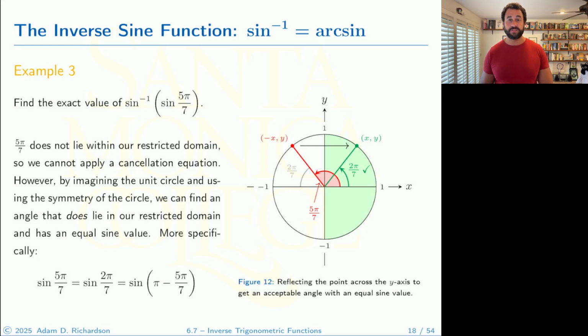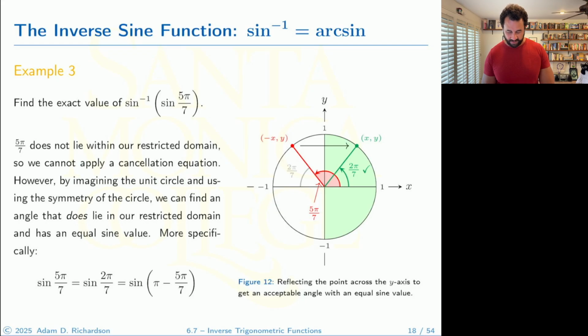So maybe more algebraically, I'll say this. Sine of 5 pi over 7 is equal to sine of 2 pi over 7. Here's the geometric argument. And how did we get 2 pi over 7? Well, you can think about it using the geometry, or you can think about it like this: we're looking for the supplementary angle.